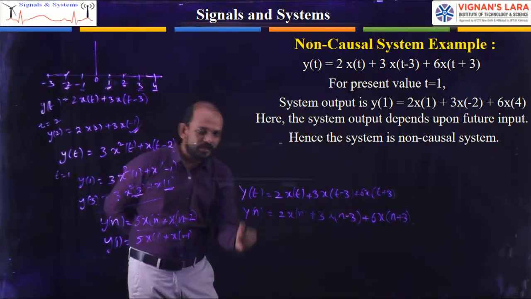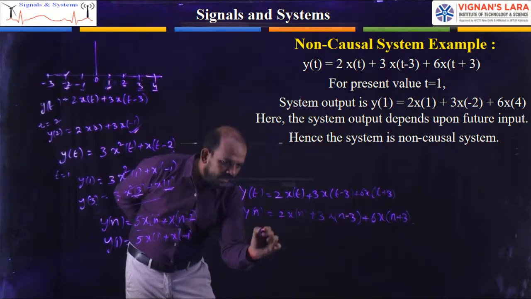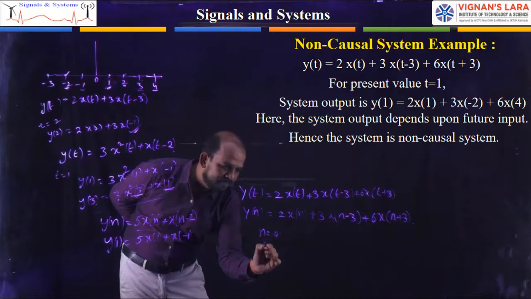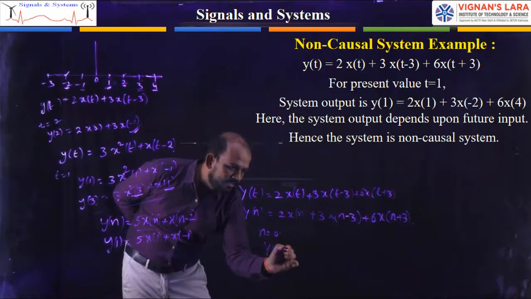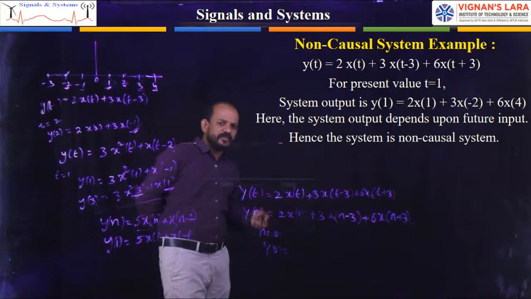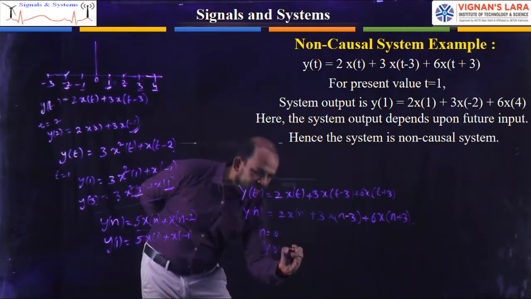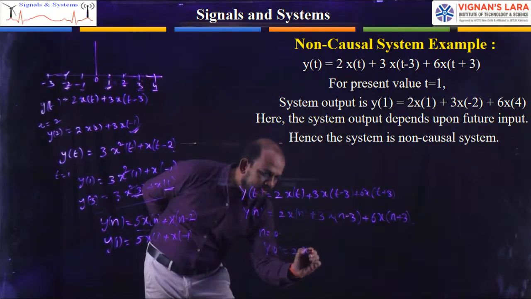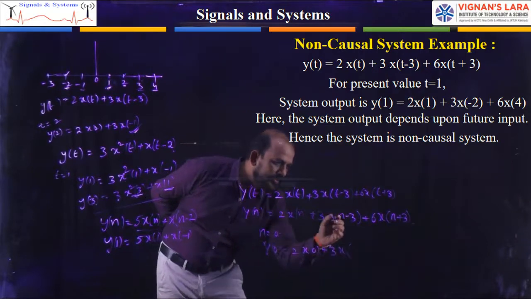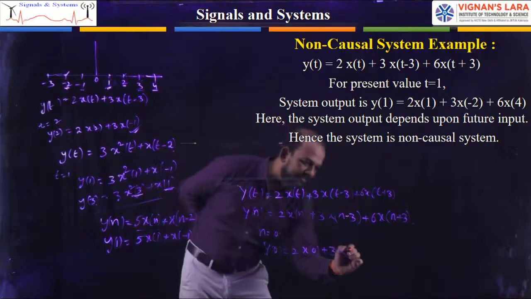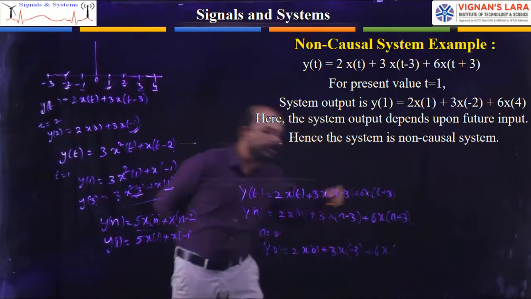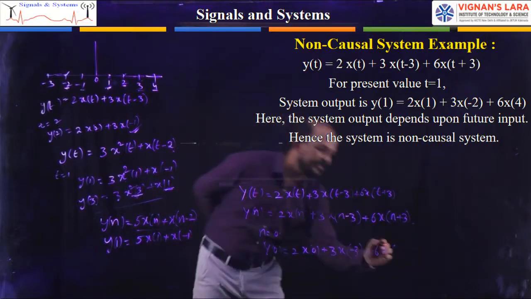Now see, for n equal to 0, the output is y of 0. For t they had taken 1, for n I am taking 0. You can take anything. y of 0 equals 2 into x of 0 plus 3 into x of 0 minus 3, that is minus 3, plus 6 into x of 0 plus 3, that is plus 3.